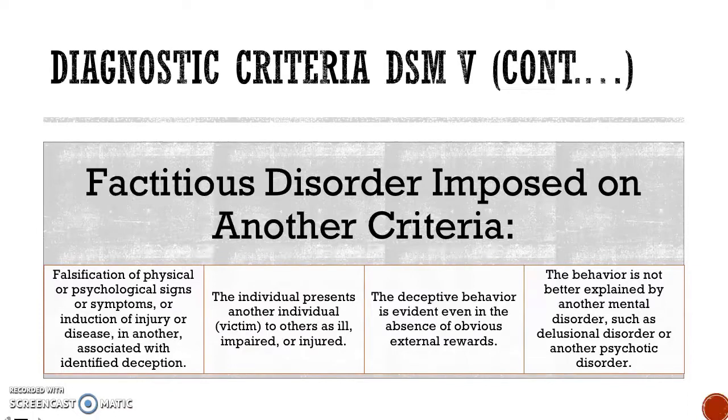This is mostly seen in mothers who present their infants to others as sick. And this deceptive behavior is evident even in the absence of obvious external rewards. So sometimes these mothers don't necessarily seek any rewards, such as monetary rewards. And lastly, the behavior is not better explained by any mental disorder, such as delusional disorder or another psychotic disorder.